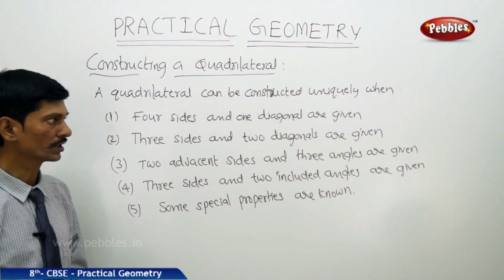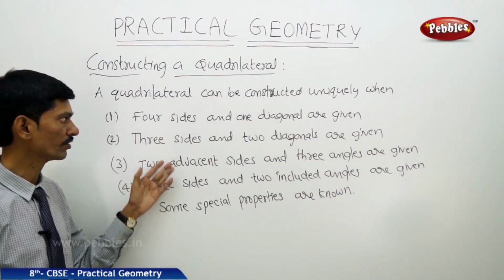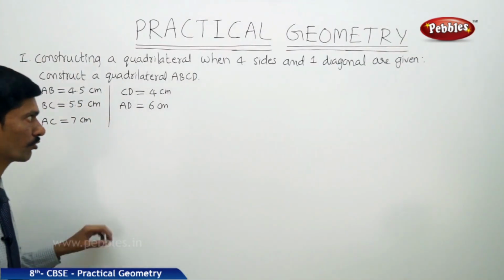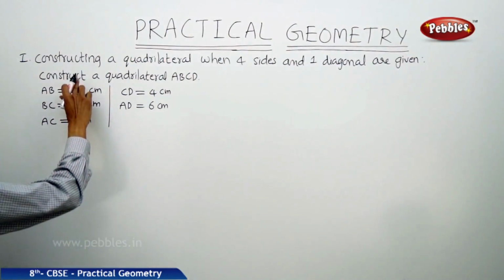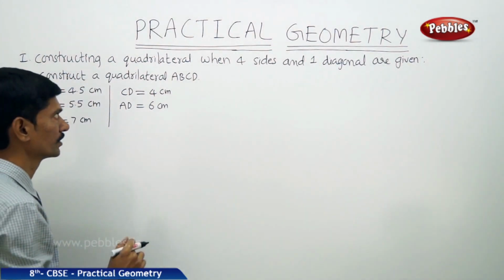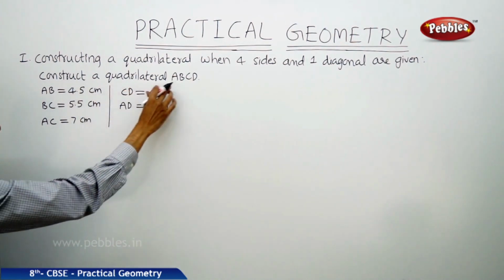Now let us construct the quadrilateral in each of the following cases one by one. Now let us draw the quadrilaterals. In the first case, constructing a quadrilateral when 4 sides and 1 diagonal are given. Let us construct a quadrilateral ABCD.